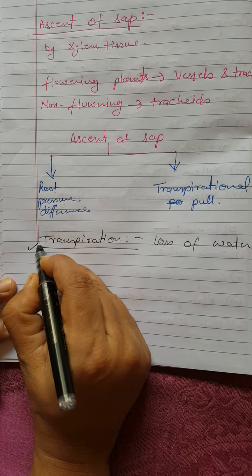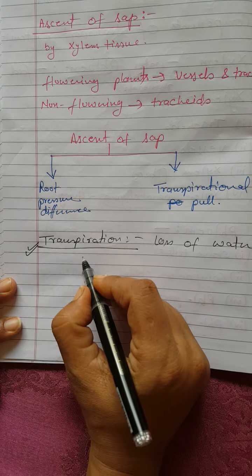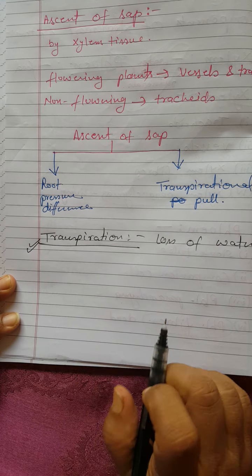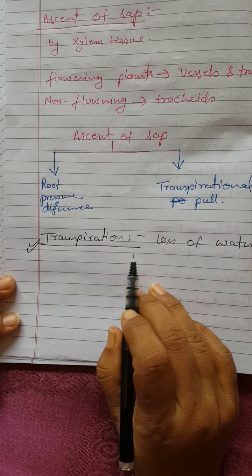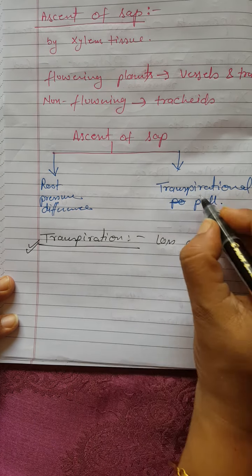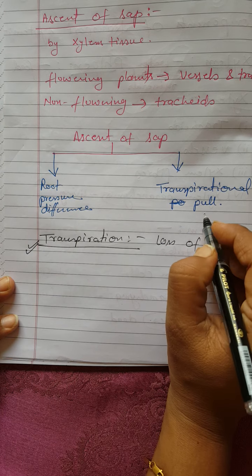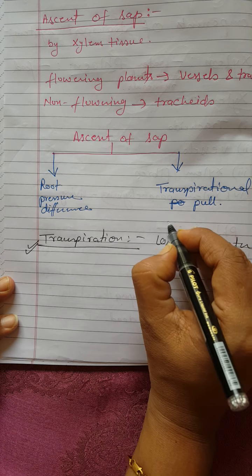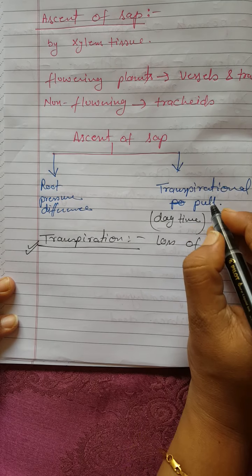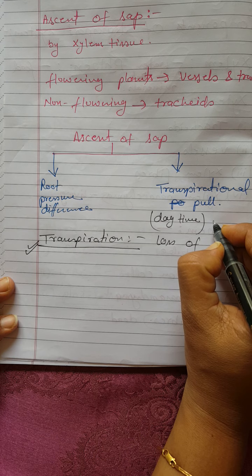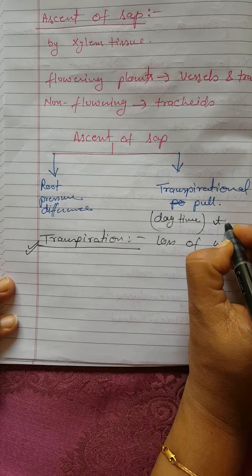So this transpiration process helps in the absorption and upward movement of water and dissolved minerals from roots to the leaf. Generally, as I said, transpirational pull occurs in daytime, and this occurs in tall trees or tall plants.